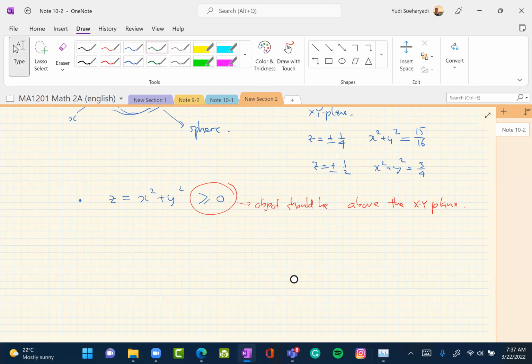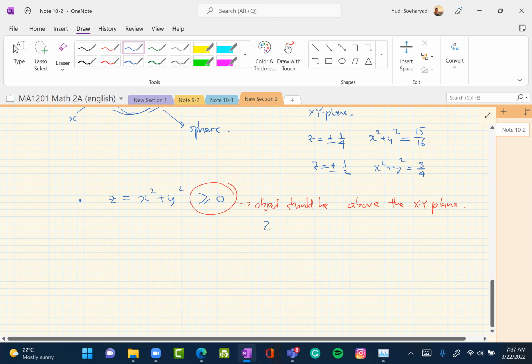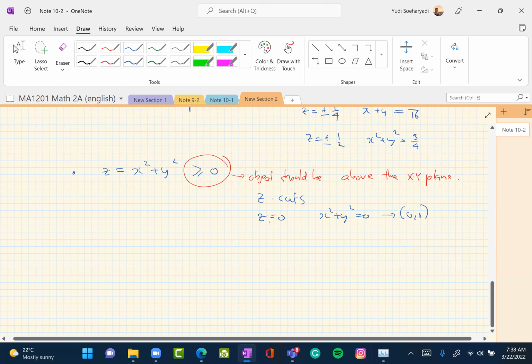So let's see. If you make a cut on the z constant, z cut. All right, so when z equals 0, you only get this point if you solve those.